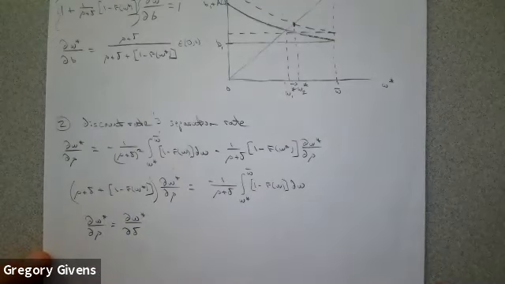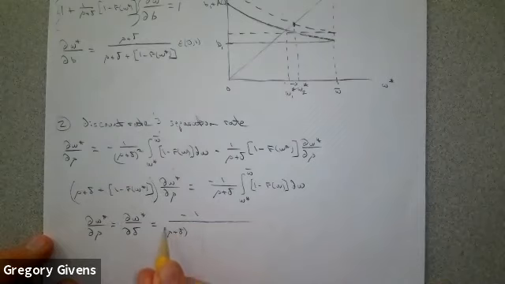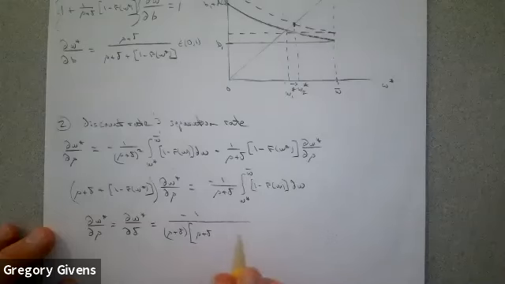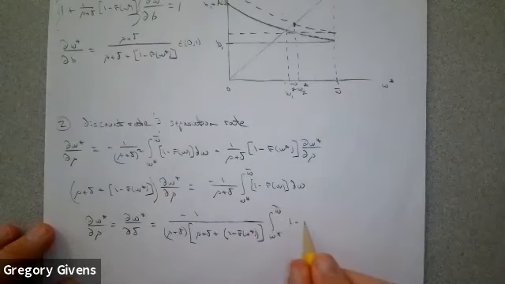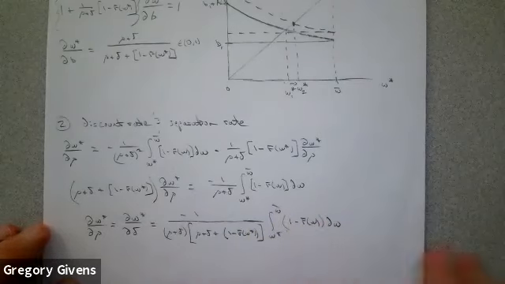Okay, the comparative statics will be identical for reasons discussed just a minute ago, is -1 divided by rho plus delta times rho plus delta plus 1 minus F of W star times the integral from W star to W bar of 1 minus F of W dW.